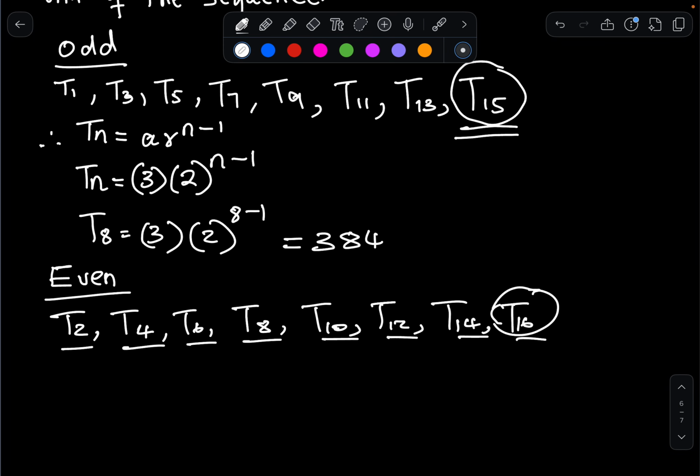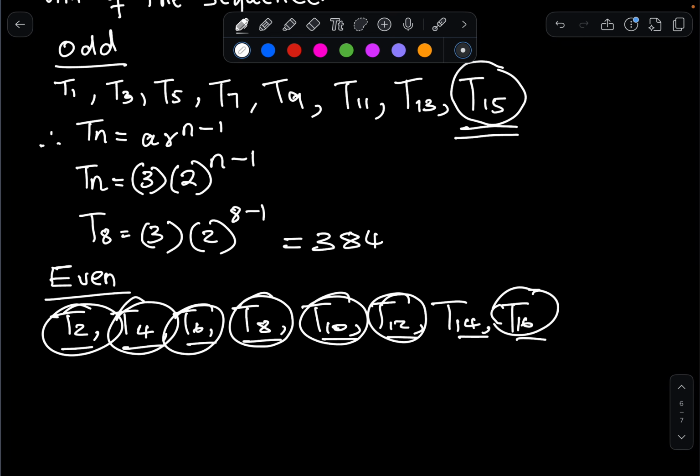So term 16 is also the 8th term of even. So term 16 of the whole sequence will be on position 8 on the even sequence. Right? Because it's 1, 2, 3, 4, 5, 6, 7, 8.